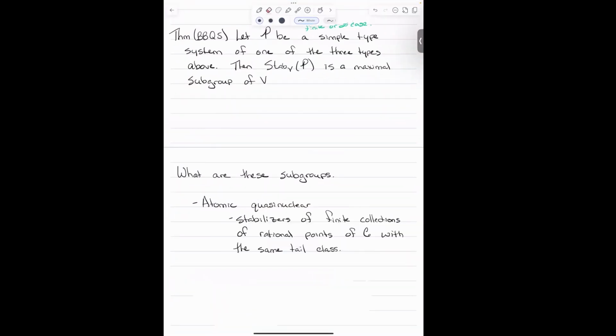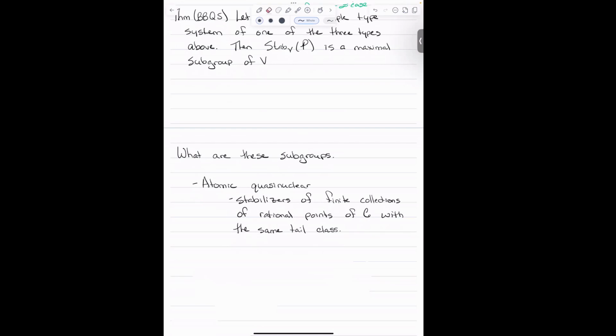If I look at the atomic quasi-nuclear case, meaning I have this one vertex I'm allowed to escape to, what you end up with is finding the subgroups of V which correspond to stabilizers of finite collections of rational points in the Cantor set that all have the same tail class. So meaning you're looking at sequences which eventually repeat, right? They eventually have some period to them. And you want the collection you're looking at to have the same ending periodic piece.